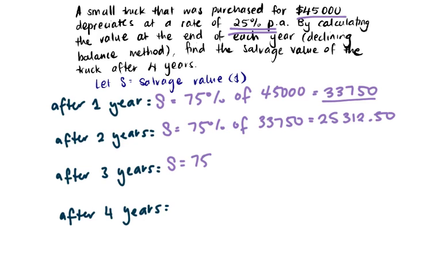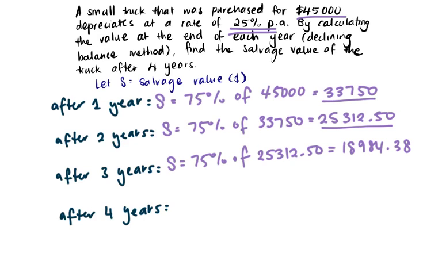So now we're going to calculate after 3 years. S equals 75% of our previous year's value, which is $25,312.50, which calculated will give me $18,984.38.